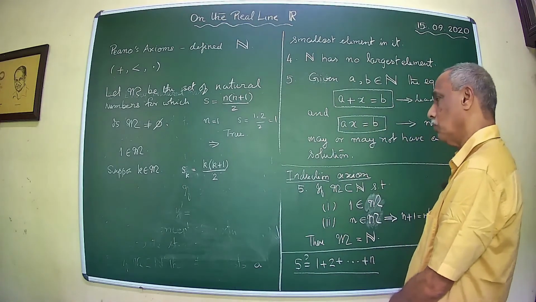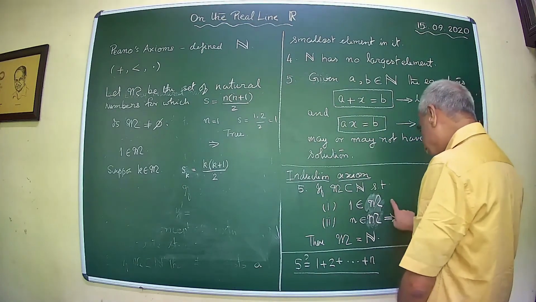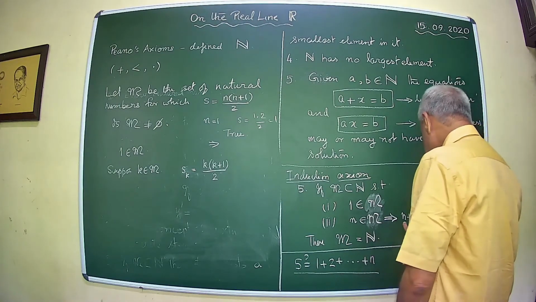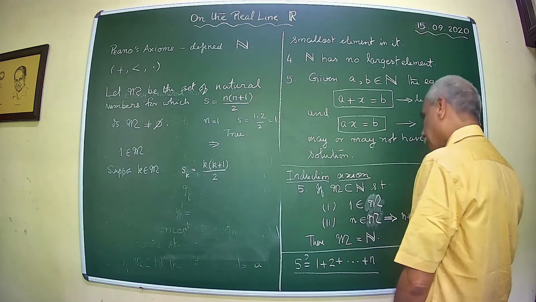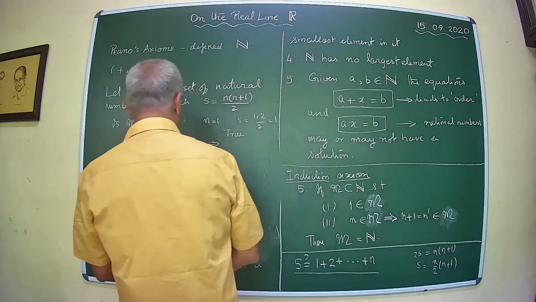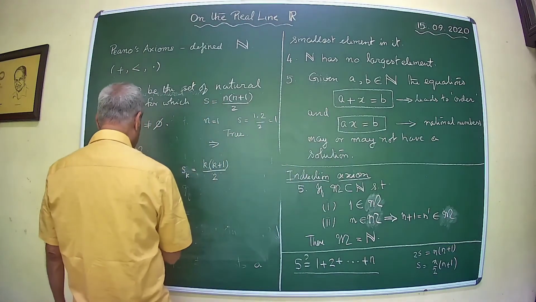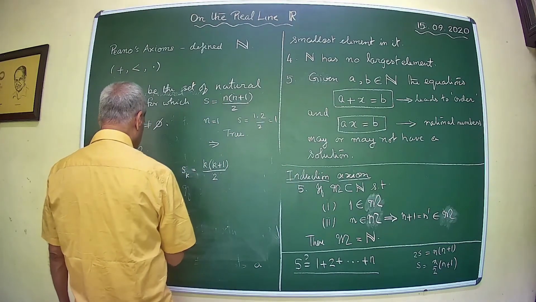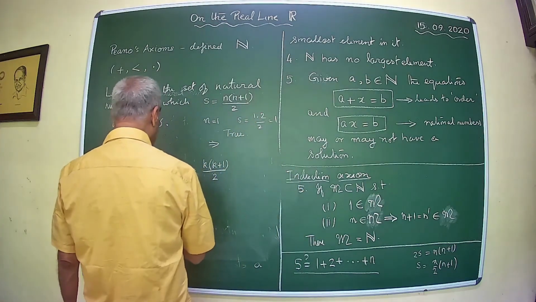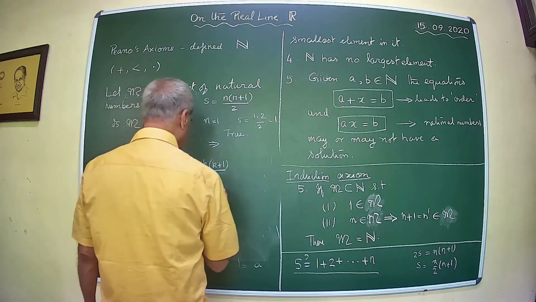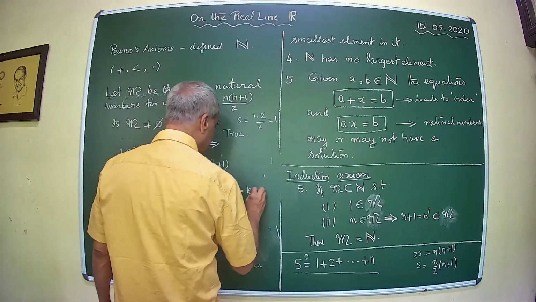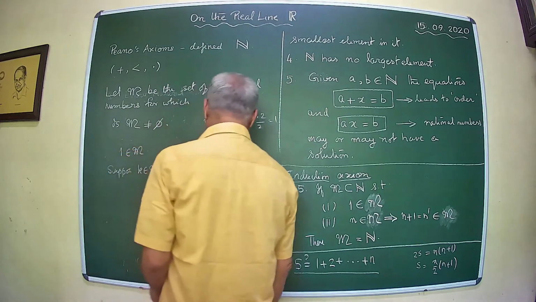Now, if you want to apply this, what does it say? If n belongs to M, it implies n plus 1 belongs to M. So we have to say that K plus 1 also has this property. So what is S(K+1)? This is equal to 1 plus 2 plus ... K plus K plus 1.